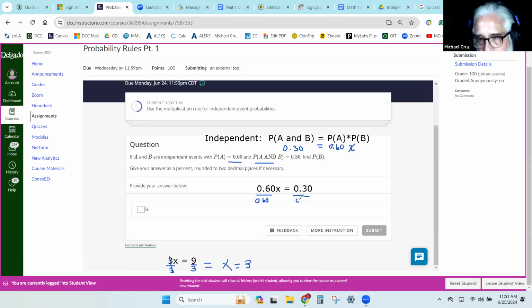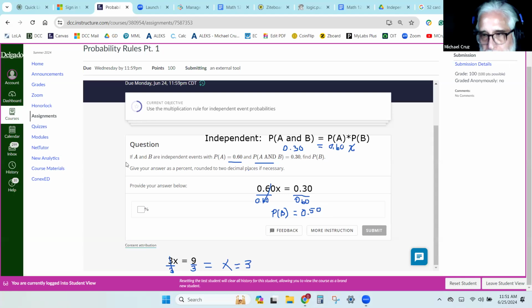And dividing the 0.6 by itself means that that's now just x, or in our case, probability of B. And then this is 0.5.